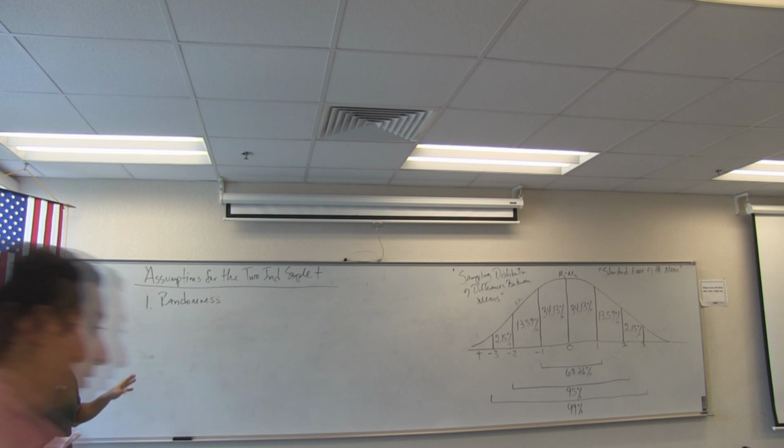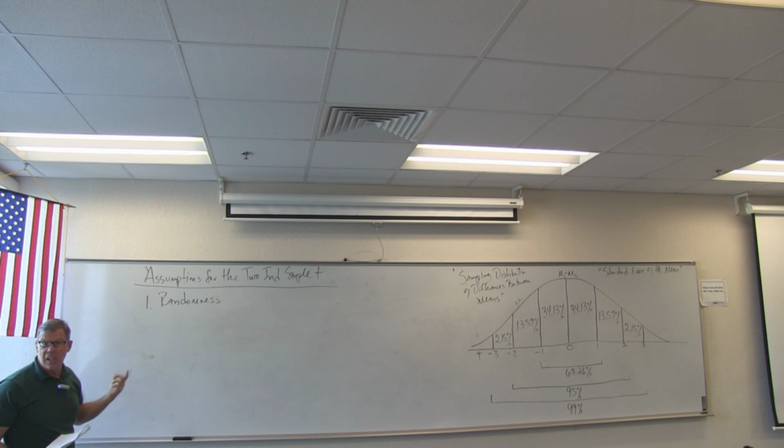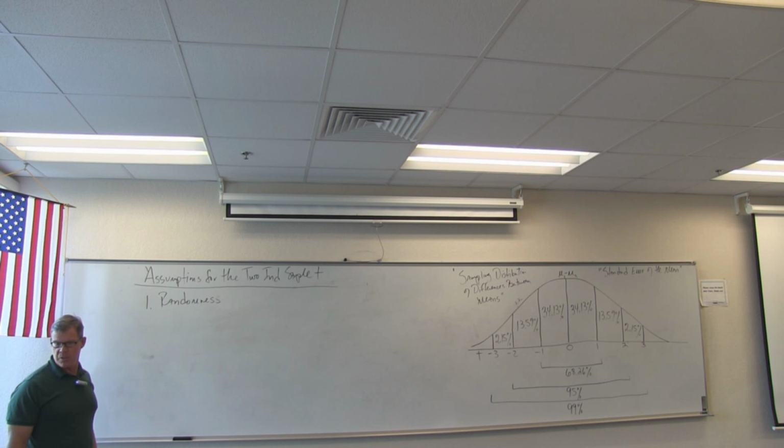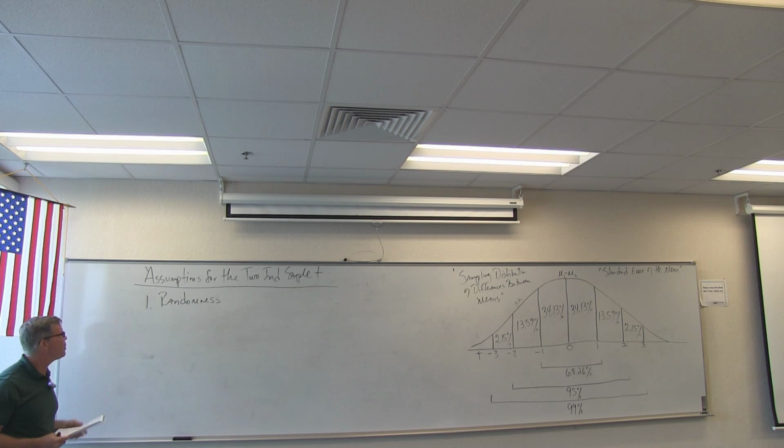Now we know that if randomization was utilized, if we had random selection and perhaps assignment, it enables us to generalize from sample to population. So it's assumed that we've utilized randomization.